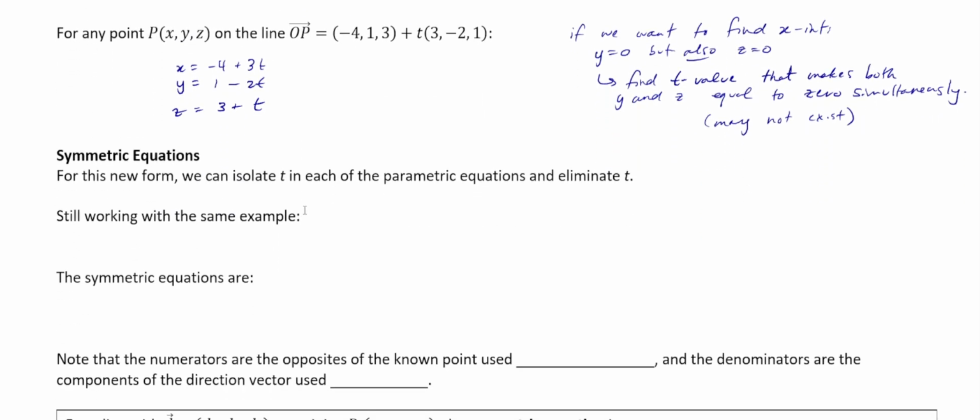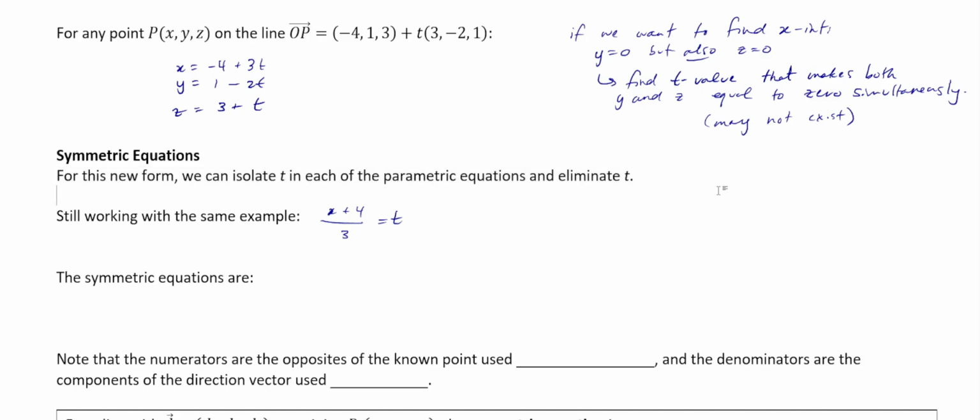What's new here is symmetric equations. For this new form, we can isolate t in each of the parametric equations and then eliminate t. So, still working with the same example, I'm going to isolate t in each of these parametric equations, bringing everything over to one side so that t is by itself. The first one would be x plus 4 all over 3 is equal to t.